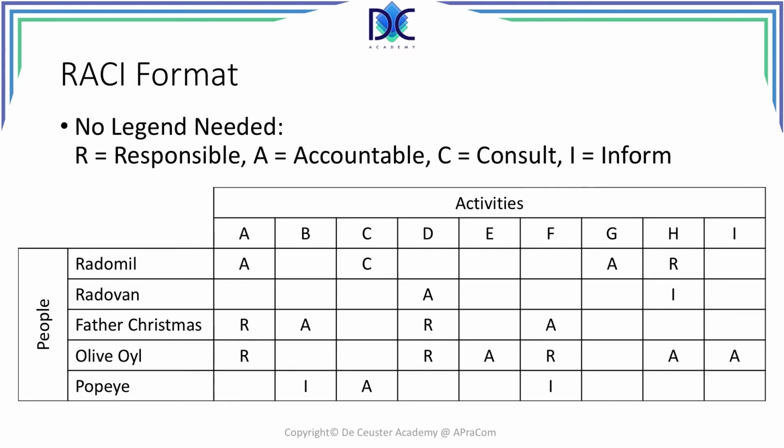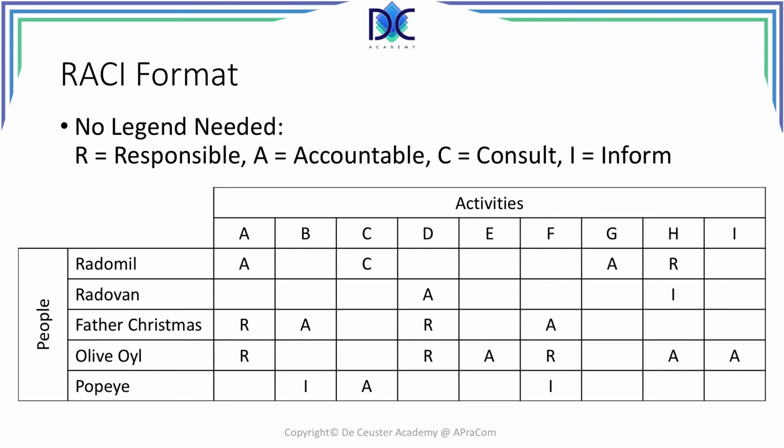Another format that is mostly used in PMBOK and by the PMI is the RACI format. In this format, you don't need a legend because R is always defined as responsible, A is accountable, C is consult, and I is inform.